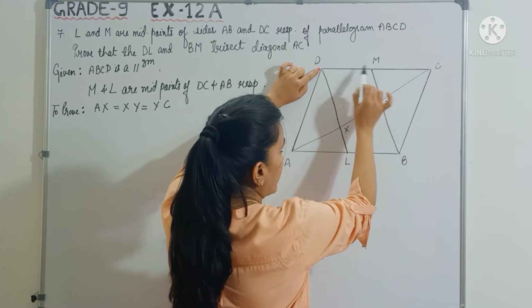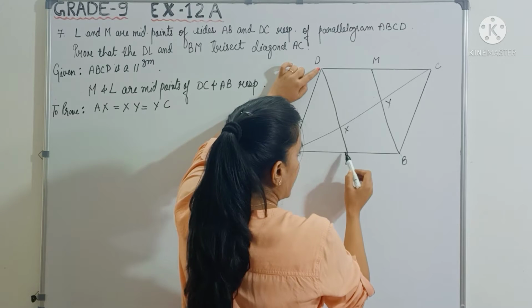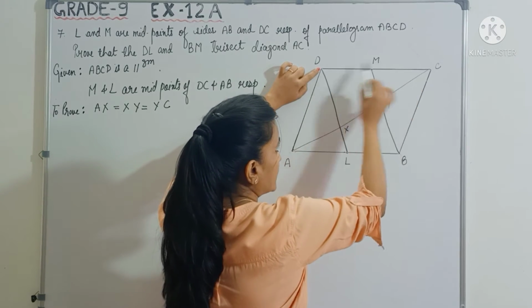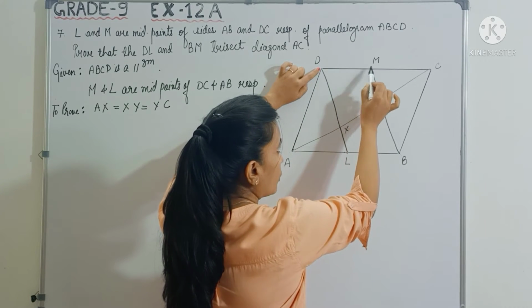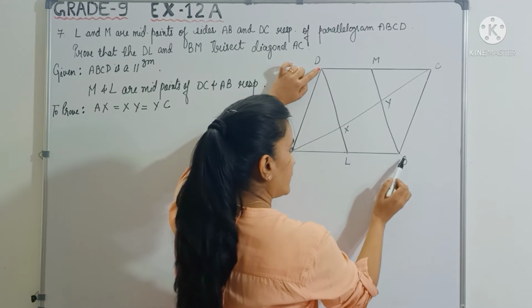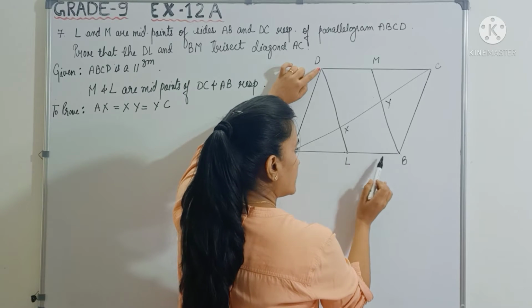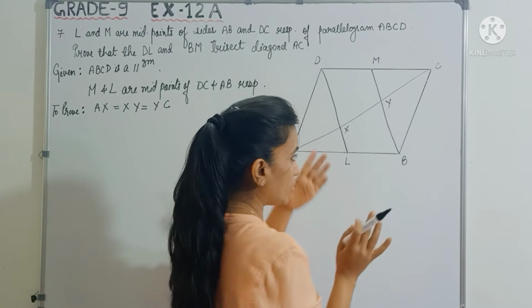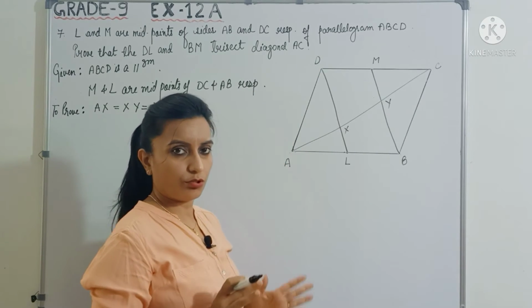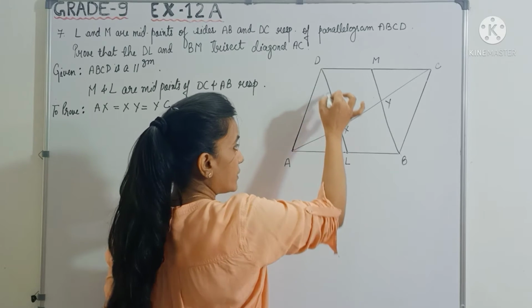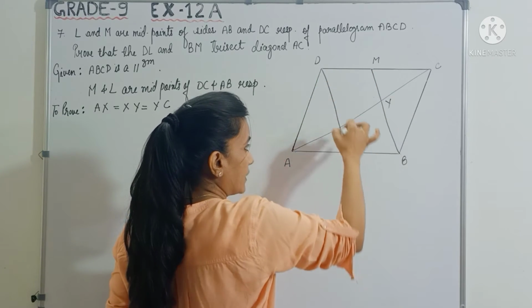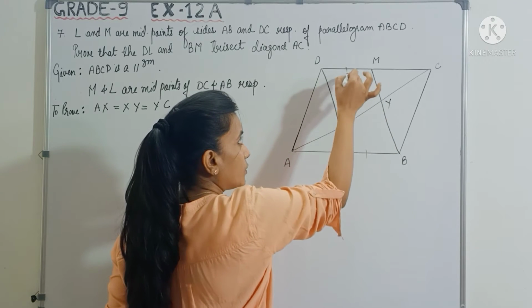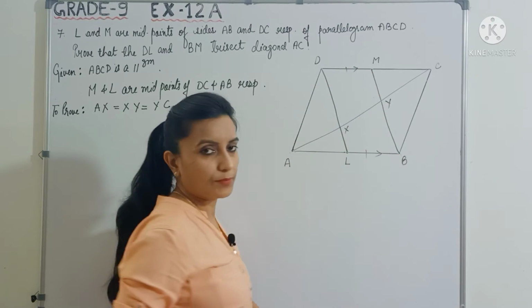Now M is the midpoint of DC and L is the midpoint of AB. So can I say that half of DC, which is DM, will be equal to half of AB, which is LB. So here I showed that DM and LB, they are equal to each other and they are parallel also, right? So in quadrilateral DLBM, one pair of opposite sides are equal as well as parallel, right?